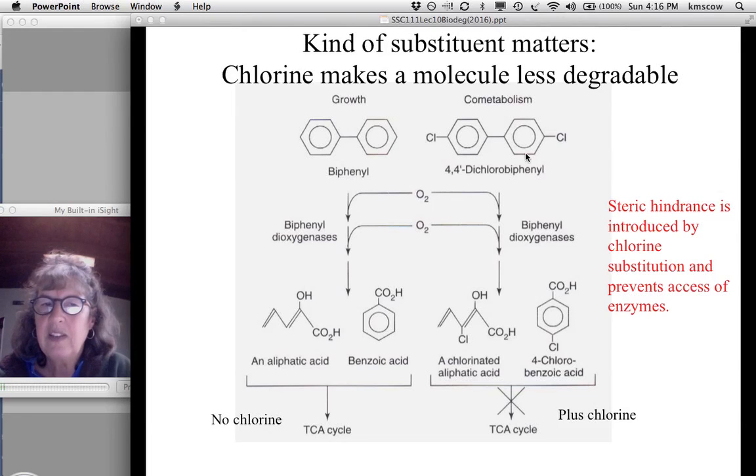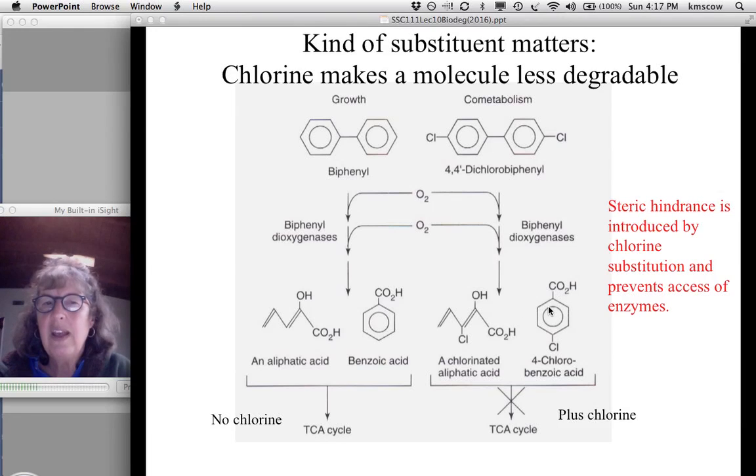It breaks down. But if it's got the chlorines hanging on it, then it will break down into chlorinated versions of these two compounds, a chlorinated aliphatic acid and a chlorobenzoic acid. And these are much, much more difficult for microbes to break down due to steric hindrance by that chlorine being there, preventing access of enzymes to break it down.